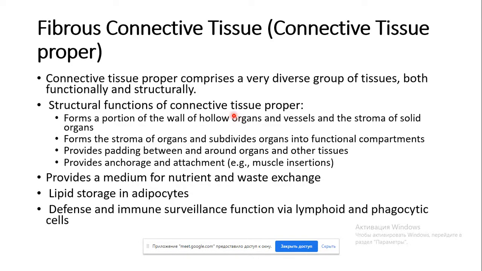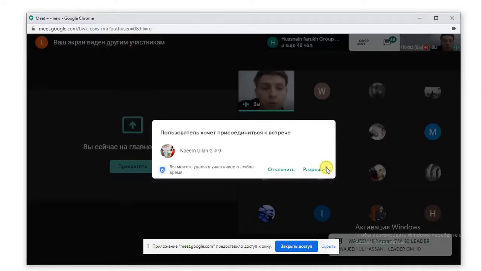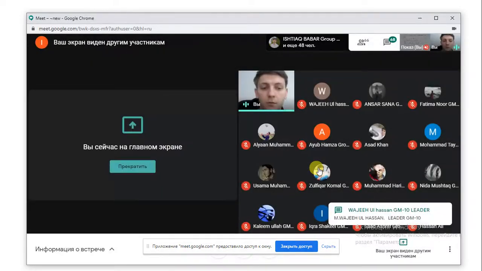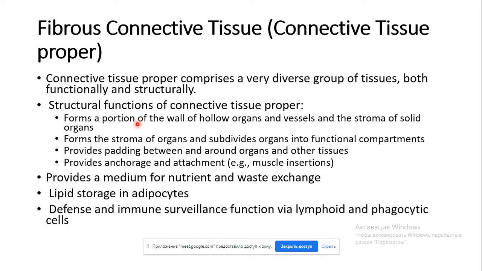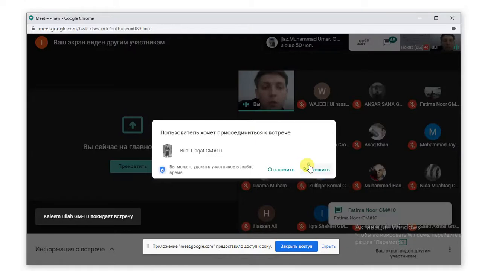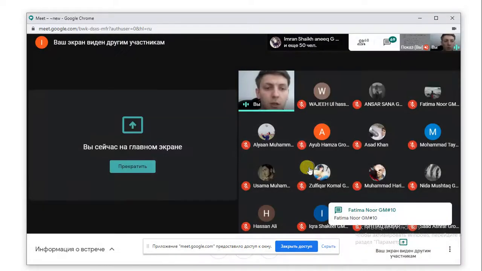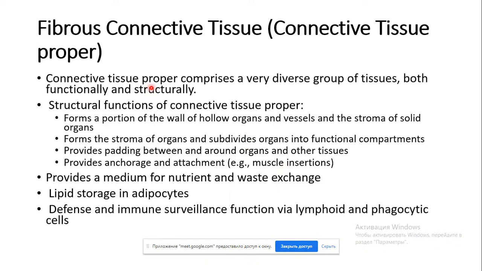But now let's talk about fibrous connective tissue. Usually when we say connective tissue, we keep in mind fibrous connective tissues. Usually all the doctors and students forget about this tissue because its function is not typical.